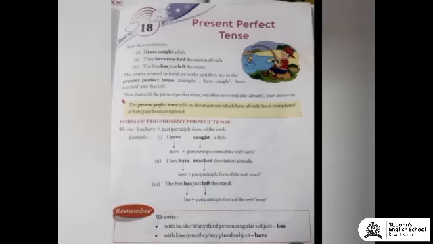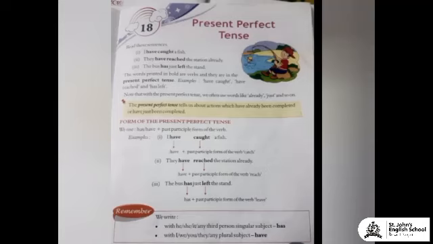They is plural. So you are using have. They have. What is the past participle form of reach? Reached. They have reached the station already. So now in this sentence you have used have plus past participle form of the verb reach. So the sentence has become present perfect tense.